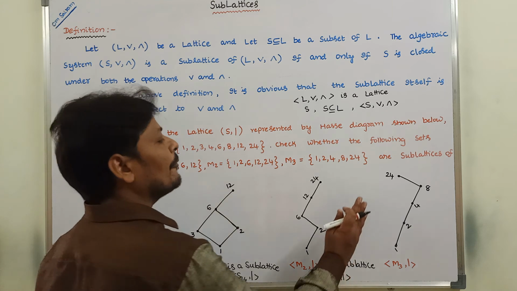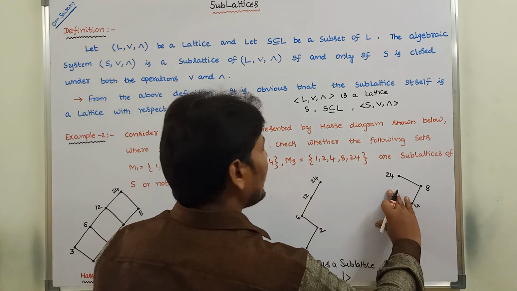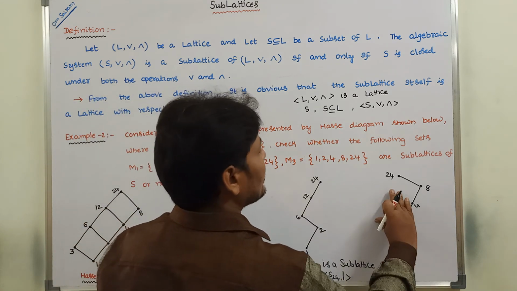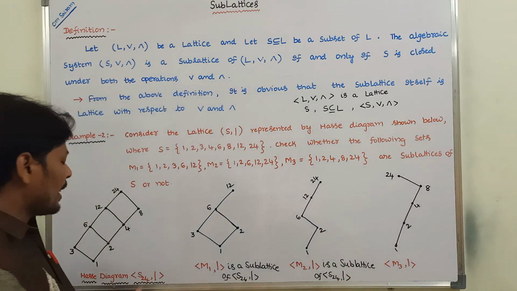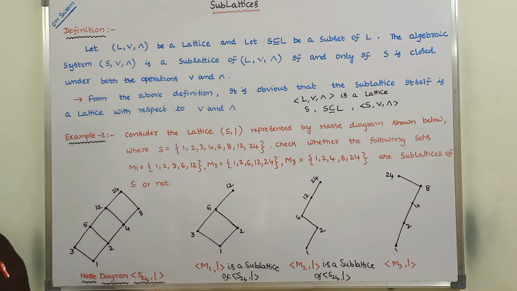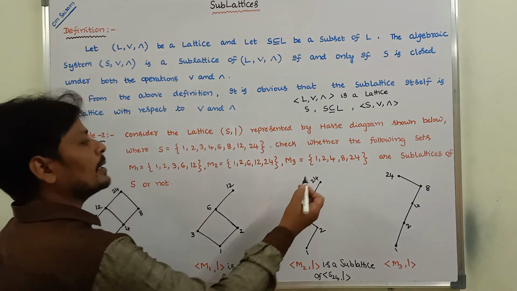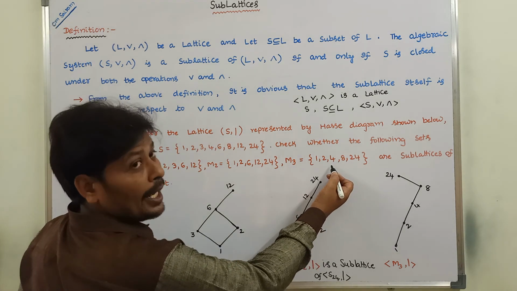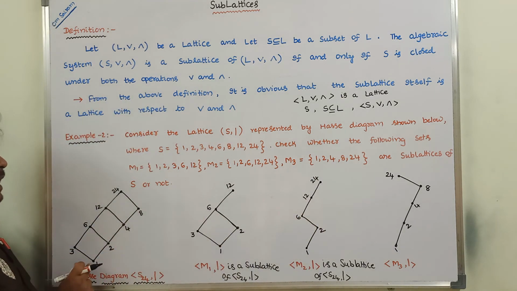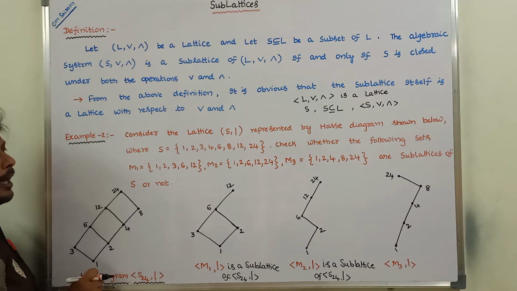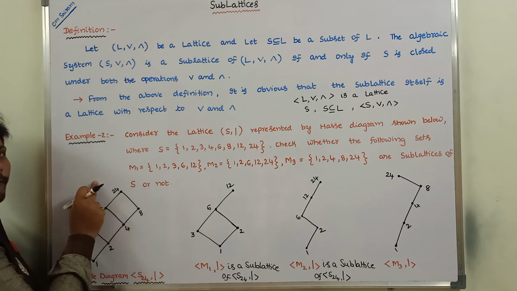Now we have to verify that M3 with the division relation is a sublattice of S24 with the division relation. Whatever elements are in M3, only those elements are considered in the main Hasse diagram: 1, 2, 4, 8, 24.